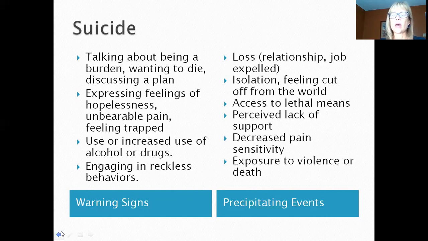And so people who have, for example, guns in their home need to make sure that they're put in a place where they're locked and not accessible to our kids and our teens. That perceived lack of support, perceived again, could be there. We also know that decreased pain sensitivity is a precipitating event. So kids who cut on themselves might be more likely to follow through with an act of violence towards themselves, such as suicide. Also exposure to violence or death, loss of a loved one could be another precipitating event.